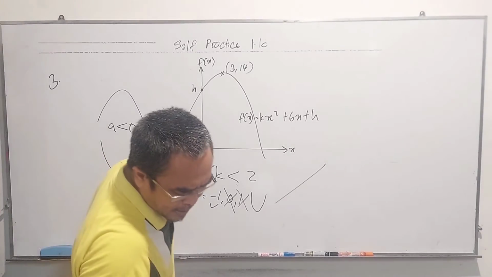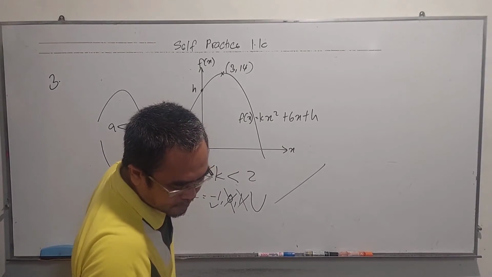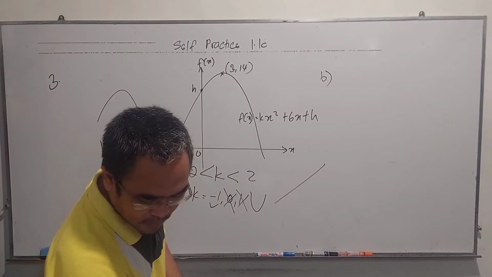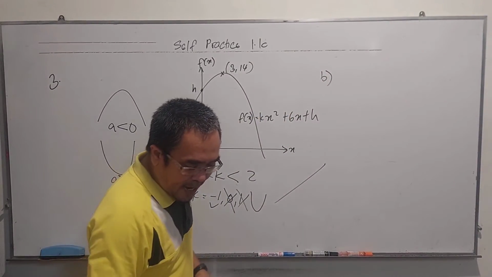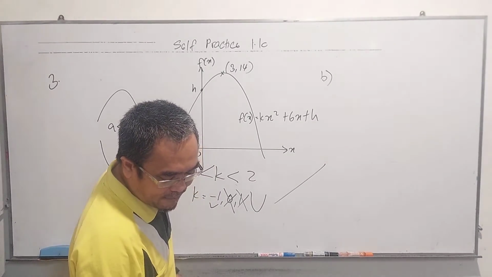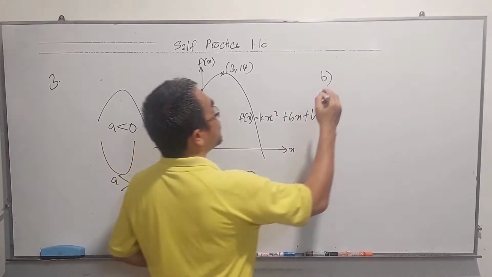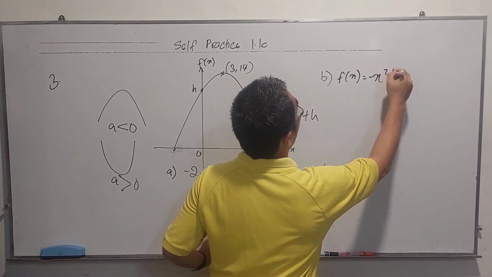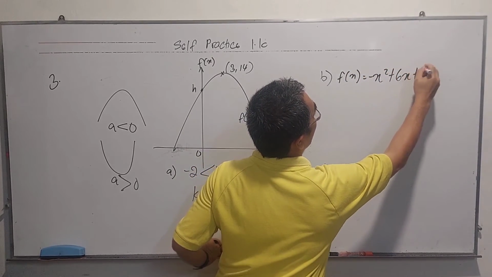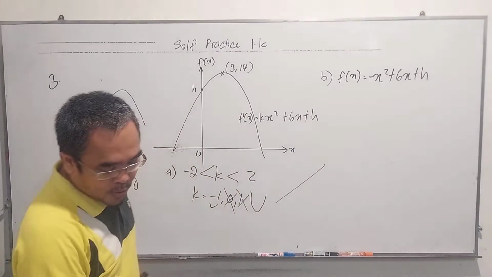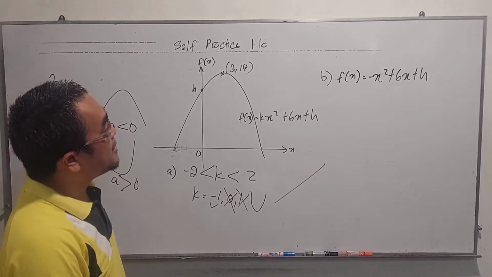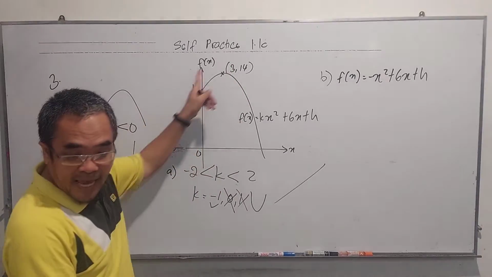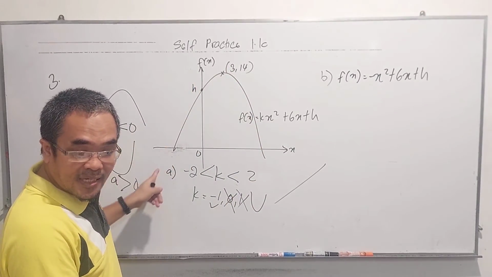Okay, alright. Now look at B. Using the value of k from A, calculate the value of h. So we rewrite f(x) equals -x squared plus 6x plus h. How do we determine the value of h? Just substitute any coordinate on the graph.